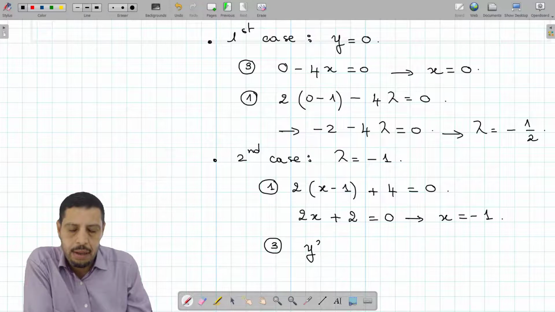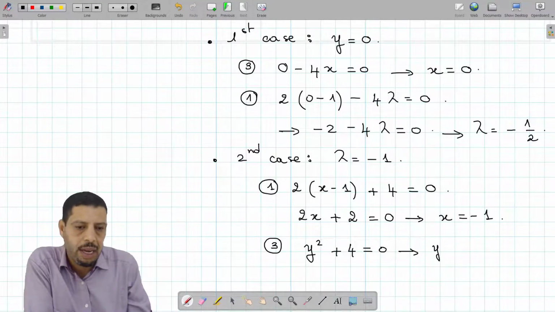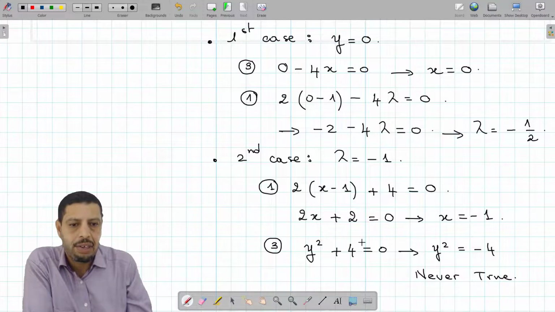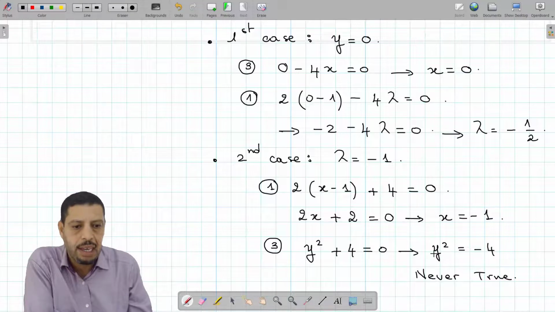The x is equal to -1, so it becomes y squared plus 4 equals 0, which means that y squared equals -4, but this is never true. And you conclude that this is not a critical point since you didn't find a value for y. So remember that a critical point is a point which is a solution for your system. So if you find lambda and x but not y, it's not a critical point.